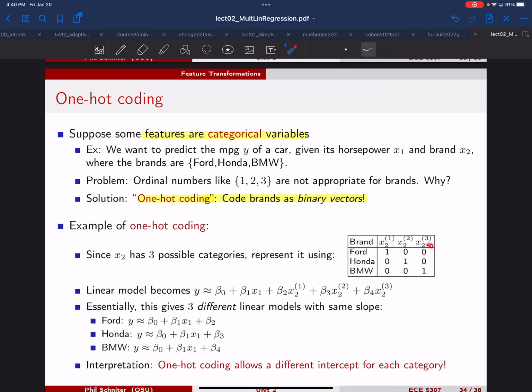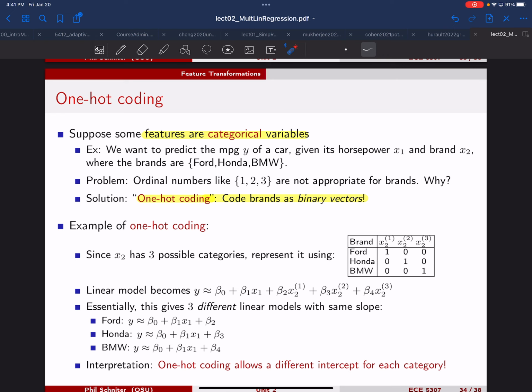And this is how we could do the coding: Ford is 100, Honda is 010, and BMW is 001. You could reorder these; it doesn't matter which one. But the point is, you can see they're all different from each other, but they're all very similar, right? They're all just a binary vector. So they get treated in a way that is not forcing an ordering among them, but it is numerical. It's something we can work with in linear regression.